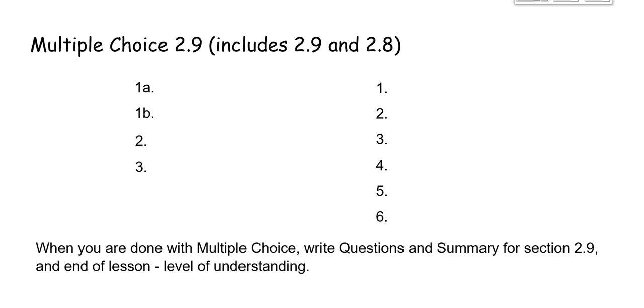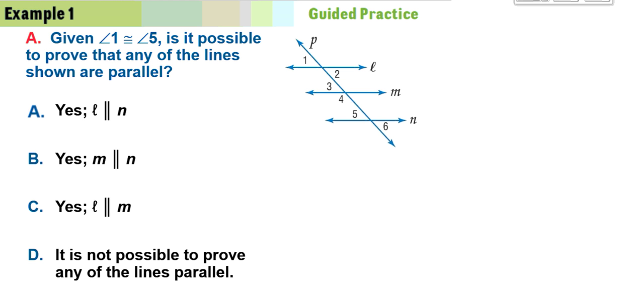So the first one: if given that angle 5 and angle 1 are congruent, is it possible to prove any of the lines parallel? So let's think this through again.